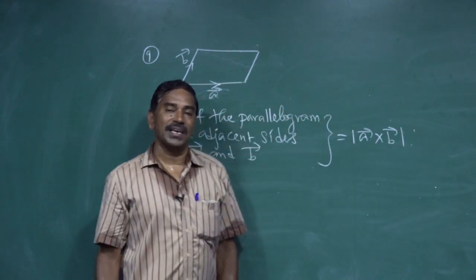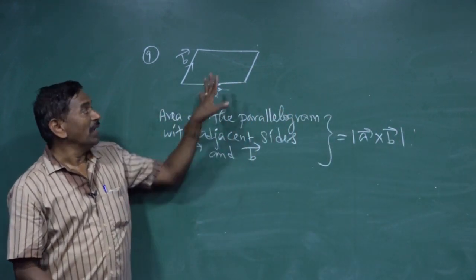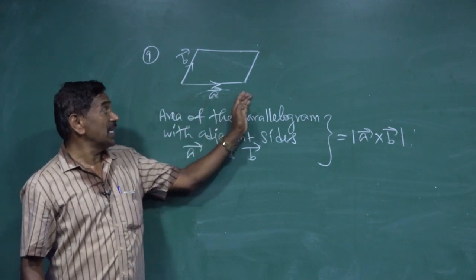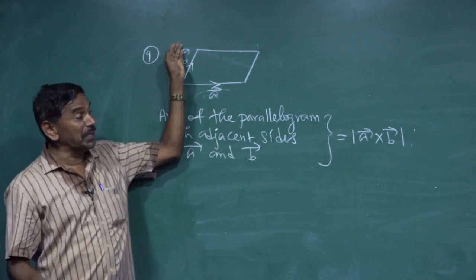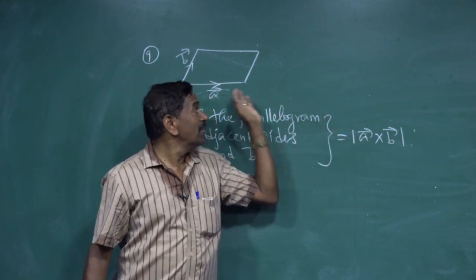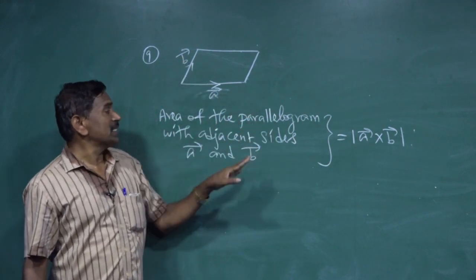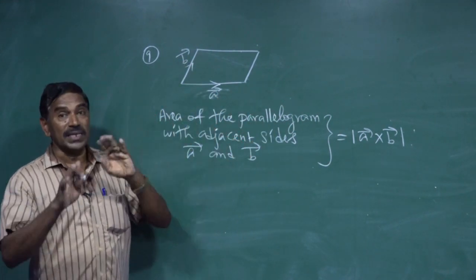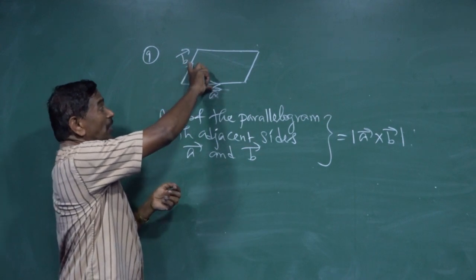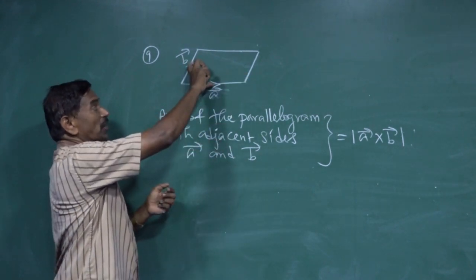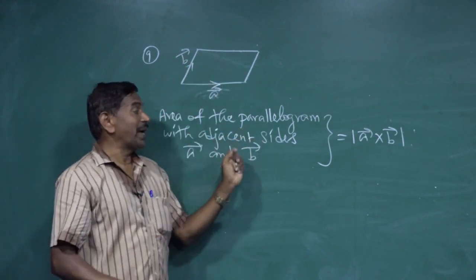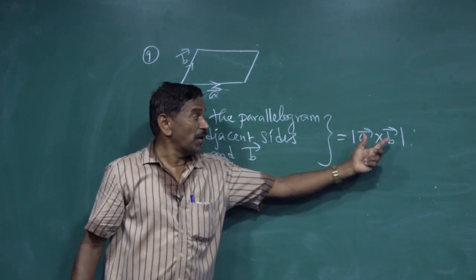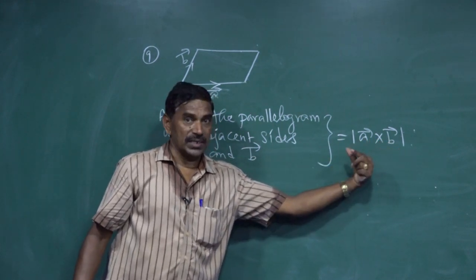Okay, modulus A vector cross B vector, that's all. That is, area of the parallelogram is nothing but cross product of adjacent sides, with a modulus, that's all.